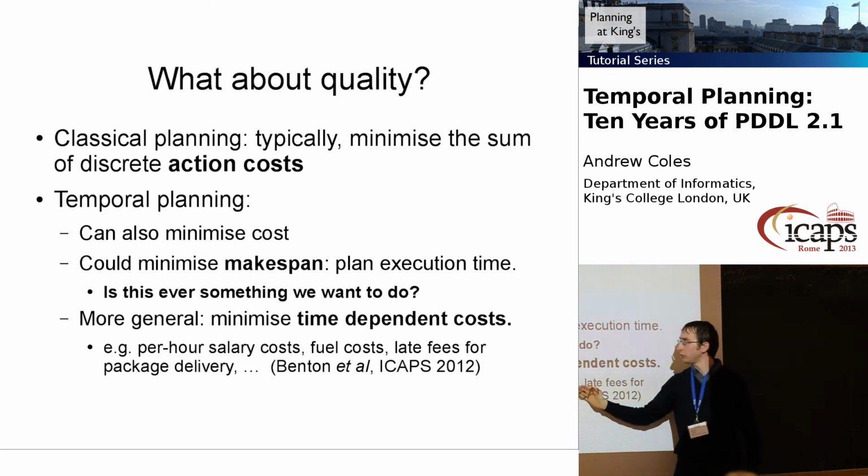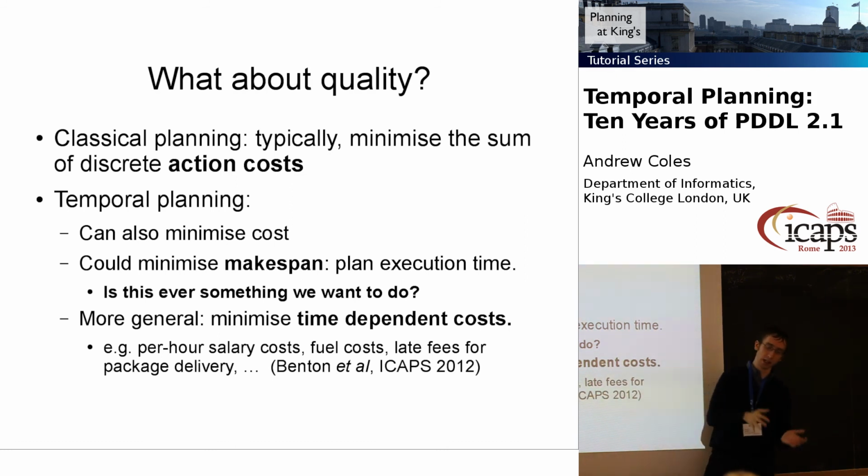We might care about fuel costs, and you can say, well, you minimise time, you minimise fuel costs, which is roughly true, but if we have different vehicles which have different fuel costs, then minimising time in one way might be more expensive than minimising time in the other. So there are various things we can do. Minimising makespan has been the focus of temporal planning research for the past few years. A little bit of work that I did with Amanda and Jay last year in ICAPS started to look at this idea of time-dependent costs.